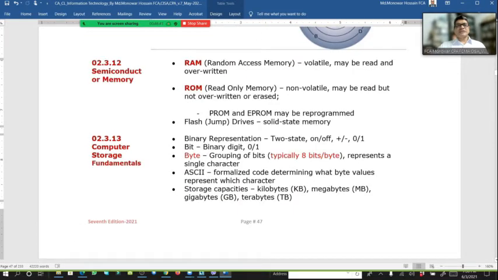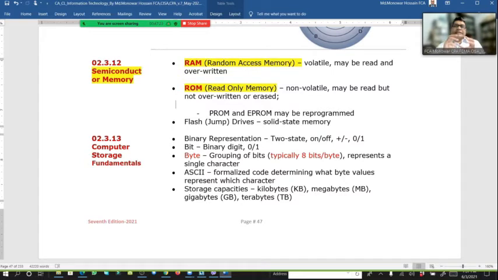Semiconductor memory is of two types. One is RAM, random access memory, which is volatile and may be read and overwritten. Overwritten means you can write new data over existing data. And ROM, read-only memory, is non-volatile, may be read but not overwritten or erased.